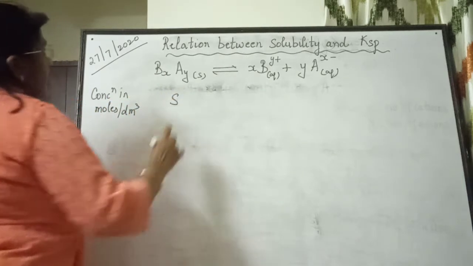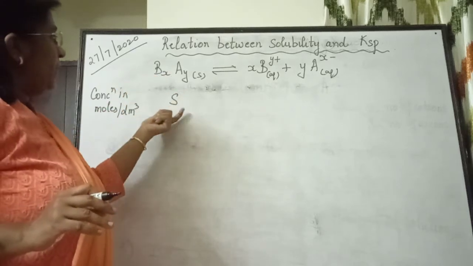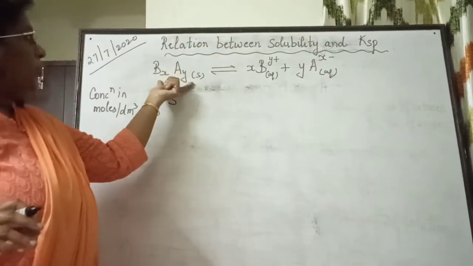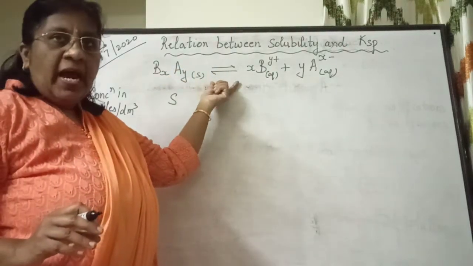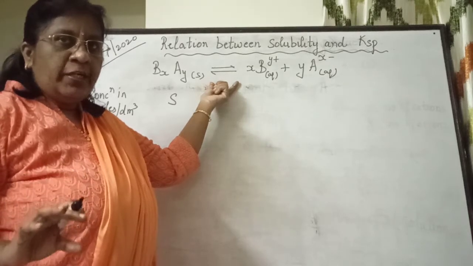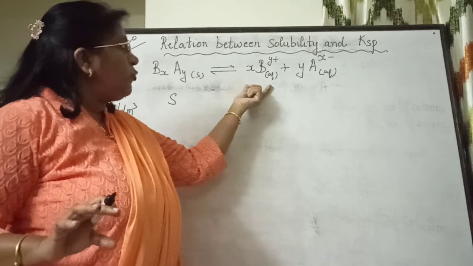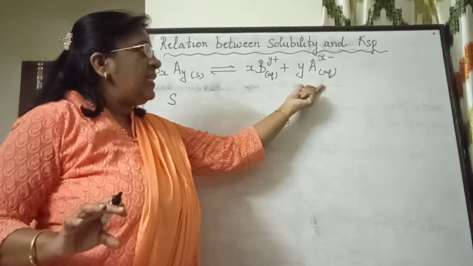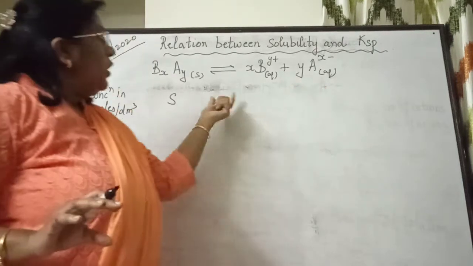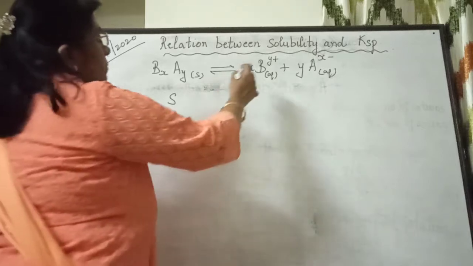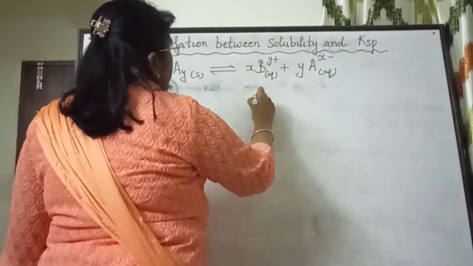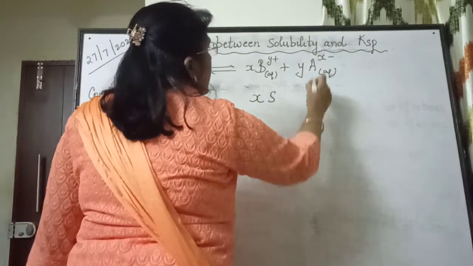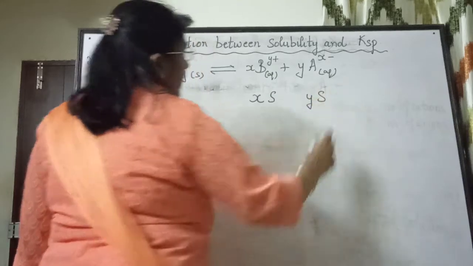When this salt is added in water to prepare a saturated solution, it dissociates to give xBy plus aqueous plus yAx minus aqueous. The concentration in moles per dm cube for By plus can be written as xS, and for Ax minus, yS.